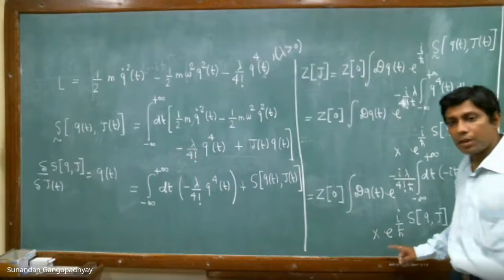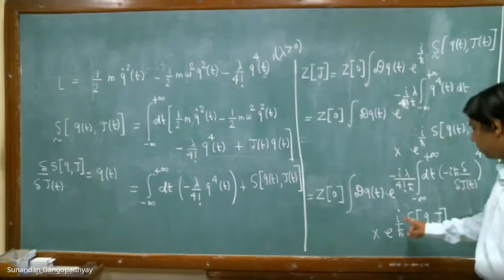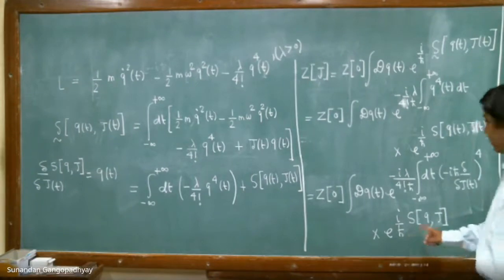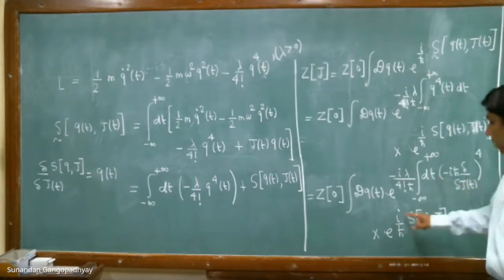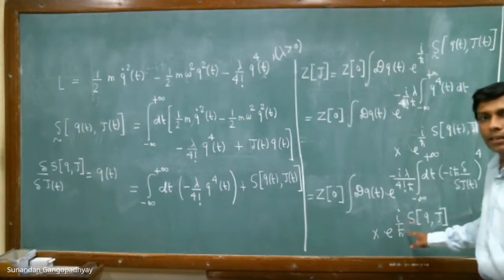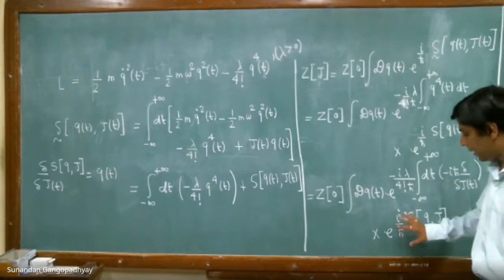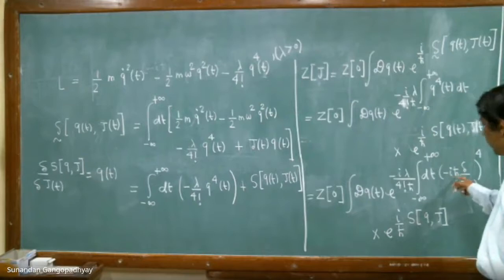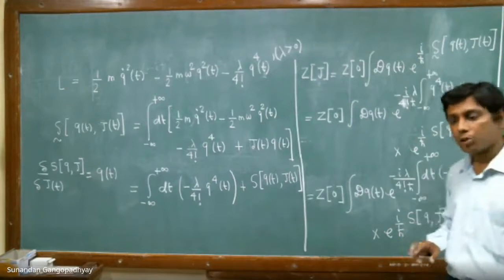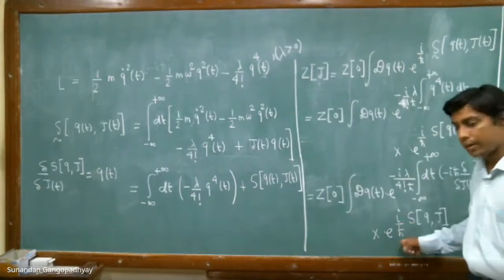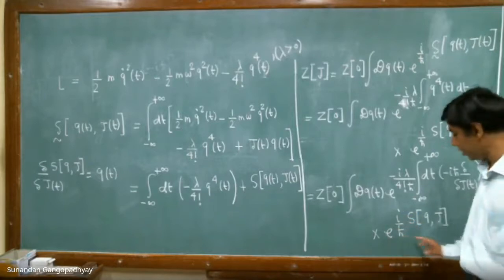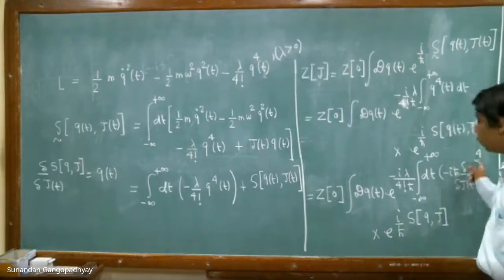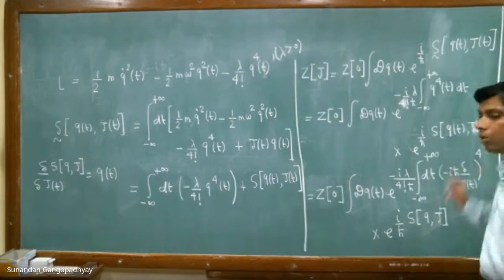When you functionally differentiate, you get a factor of i by h bar times q, right? But you need to get rid of this factor i by h bar. That is why you have put in a factor of minus i h bar. That will kill the factor of i by h bar that you get after functionally differentiating with respect to J. So we will have only q over here, to the power of 4.